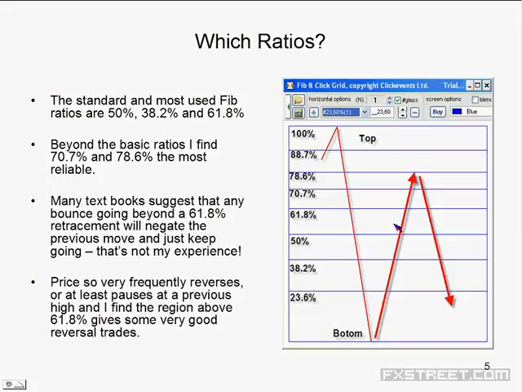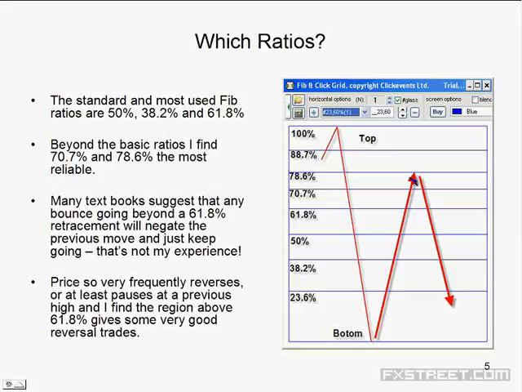Whilst 38.2 applies if we've got a runaway trend, once we get the first big move down, quite commonly the first rally back is going to be a real deep one, and it goes way beyond the standard ratios of 38.2, 50, and 61.8. And then I find that 78.6 is one of the most reliable fib numbers.